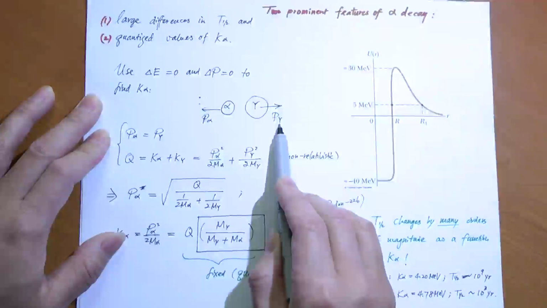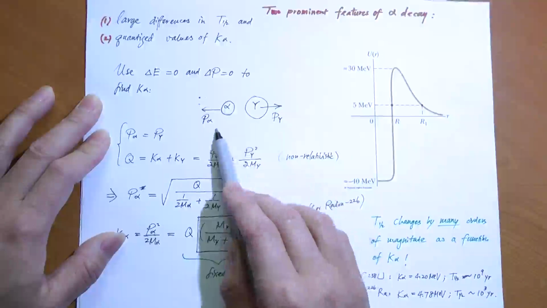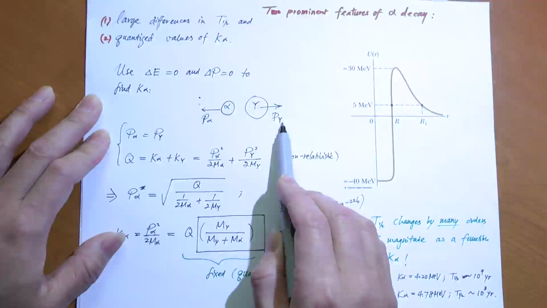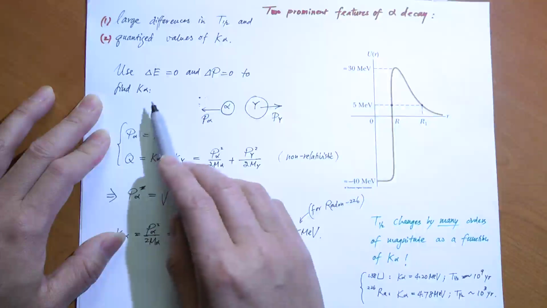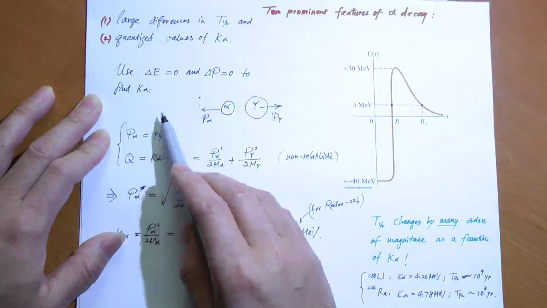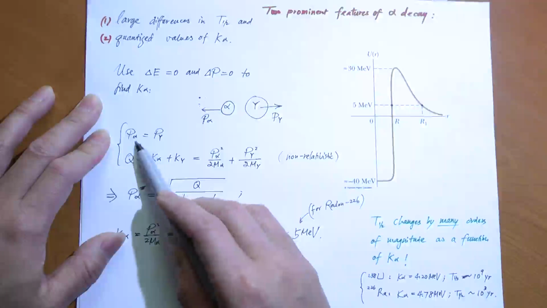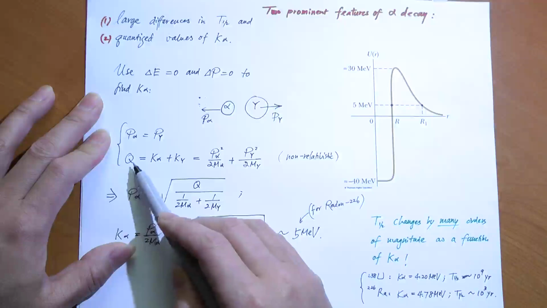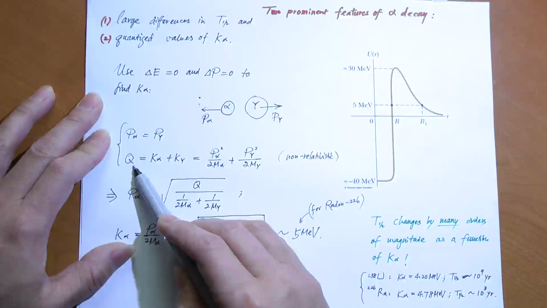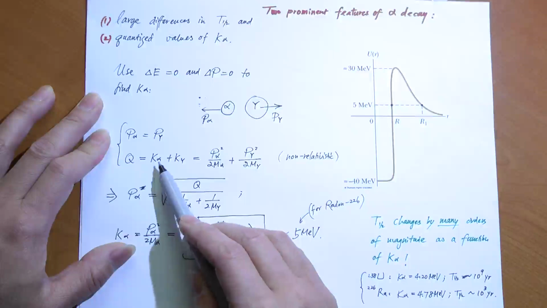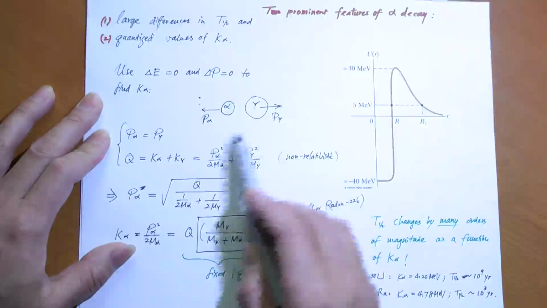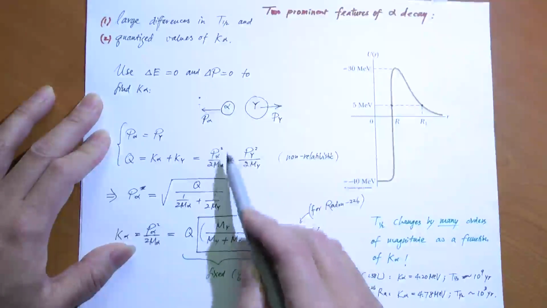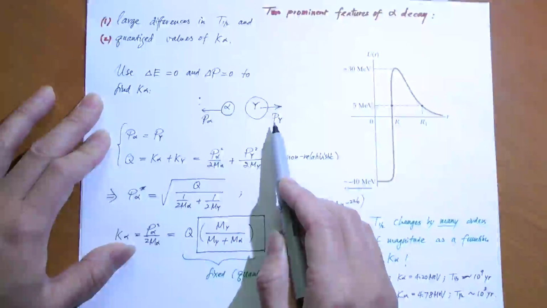P alpha and P y. The magnitude of P alpha should equal the magnitude of P y because their total linear momentum should cancel out, just as before the splitting took place, they had no linear momentum to begin with. So P alpha equals P y. That's the magnitude. Again, the conservation of energy requires that the total energy released be shared as the kinetic energy of the alpha particle and the kinetic energy of the daughter nucleus Y. Now I'm going to use P squared over 2m, assuming that neither of them moves at relativistic speeds.